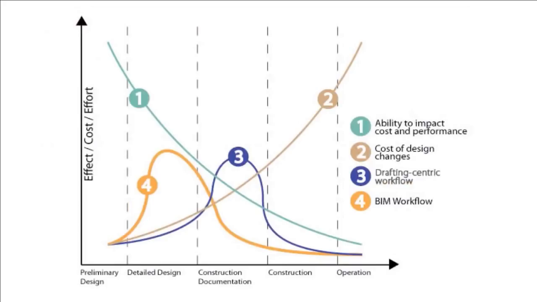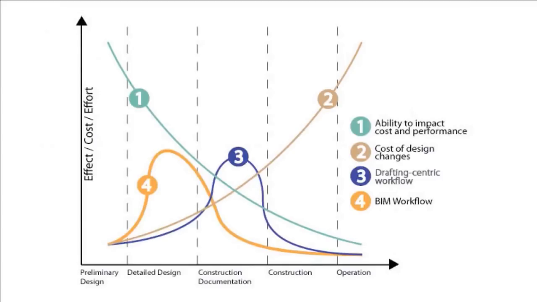This is a graph that I put together. It's a spin-off of another graph, just showing the efficiency of BIM. To dissect this a little bit, the orange and the blue graphs really show what can happen if you take your traditional drafting-centric workflow, which is number 3, that blue line, and shift it over into a BIM workflow.